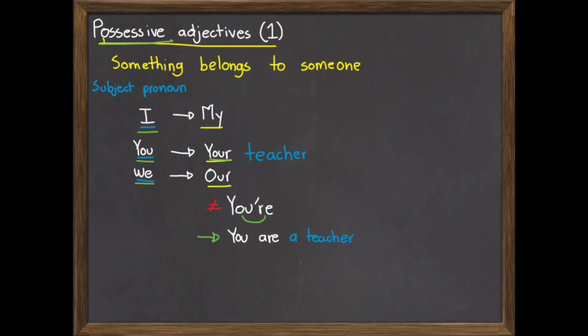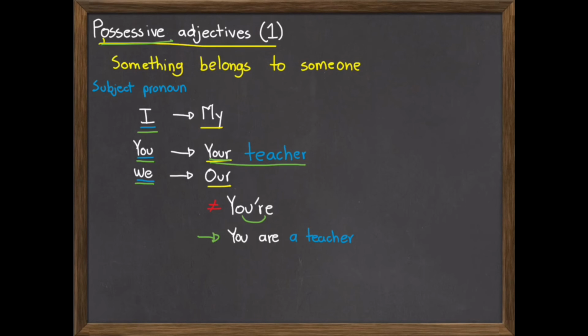Here you're speaking to a teacher. Your teacher. But here you're speaking to maybe a student. Your teacher is Miss Lucy. Your teacher is someone else. Your teacher is Daniel. But here you're speaking to a student. To a teacher: you're a teacher, Mr. Daniel. Okay? So that's the difference between your and you're.